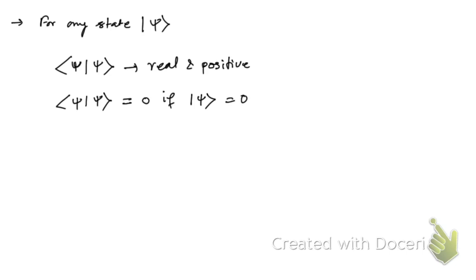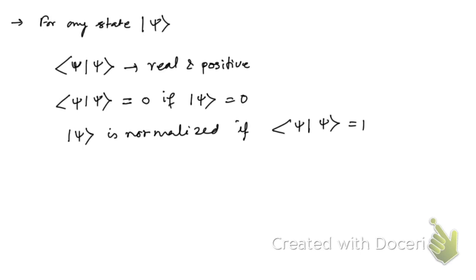And we say this state is normalized if this is equal to 1, right?